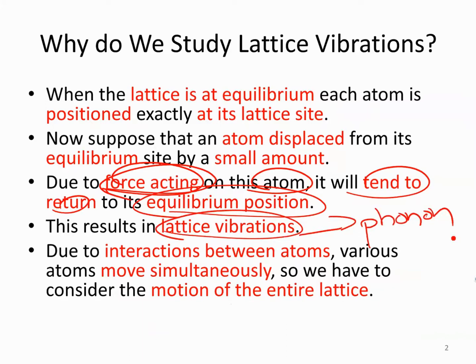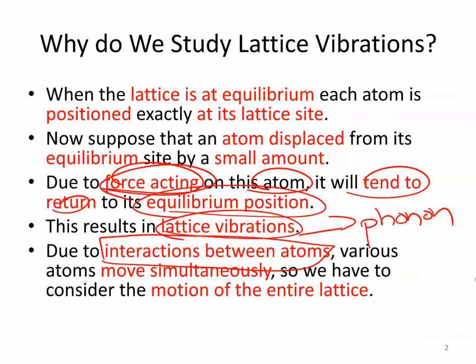Okay, so due to the interaction between atoms, in fact, we have studied what type of interaction exists in a particular atom arrangement. So we have ionic, covalent, van der Waals, metallic, and hydrogen. All these are categorized as interactions between atoms.